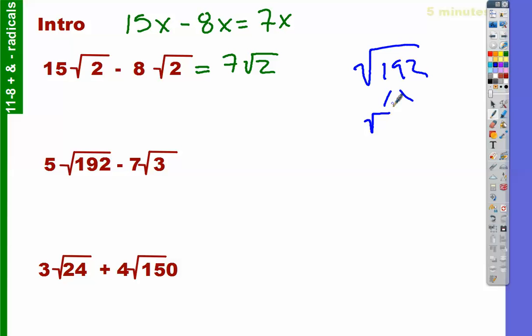And you would discover that 3 goes into 192 64 times. So the square root of 192 is equal to the square root of 64 times the square root of 3. Well, Duncan, what is the square root of 64? It is 8. So 8 times the square root of 3 is equivalent to the square root of 192.